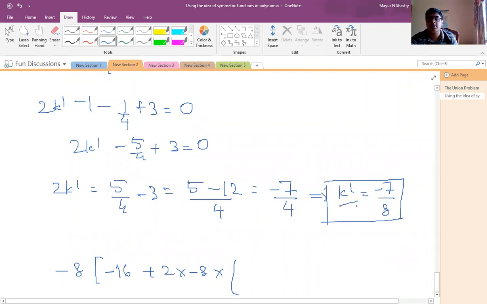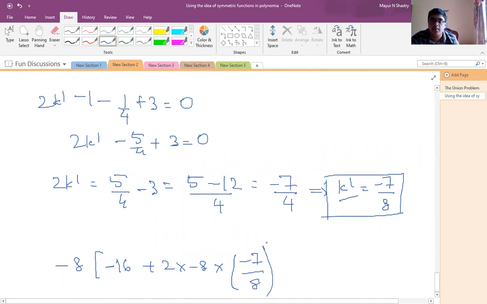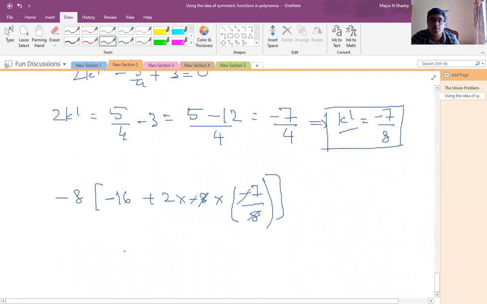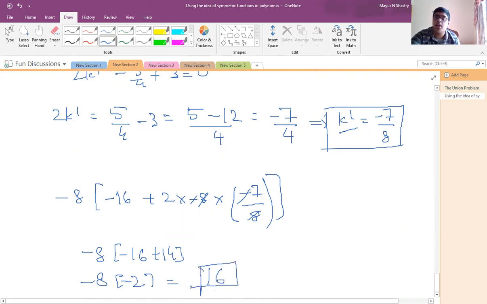That is what we assumed as k prime. That's going to be negative 7 by 8. So what do we have? A minus and a minus becomes plus, and an 8 and an 8 get cancelled. So what do we have? Minus 8 times minus 16 plus 2 times 7, that is plus 14. That's going to give you minus 8 times minus 2, and that's going to give you 16. And the value of the expression is 16.